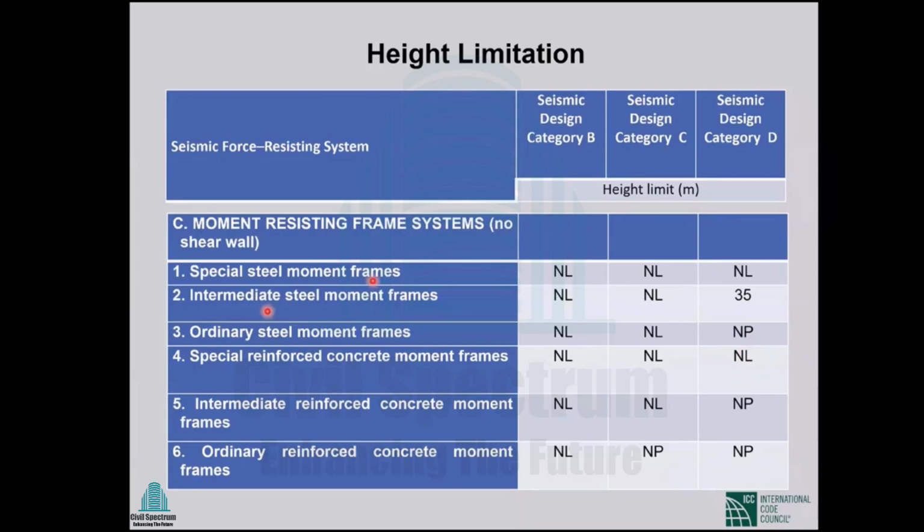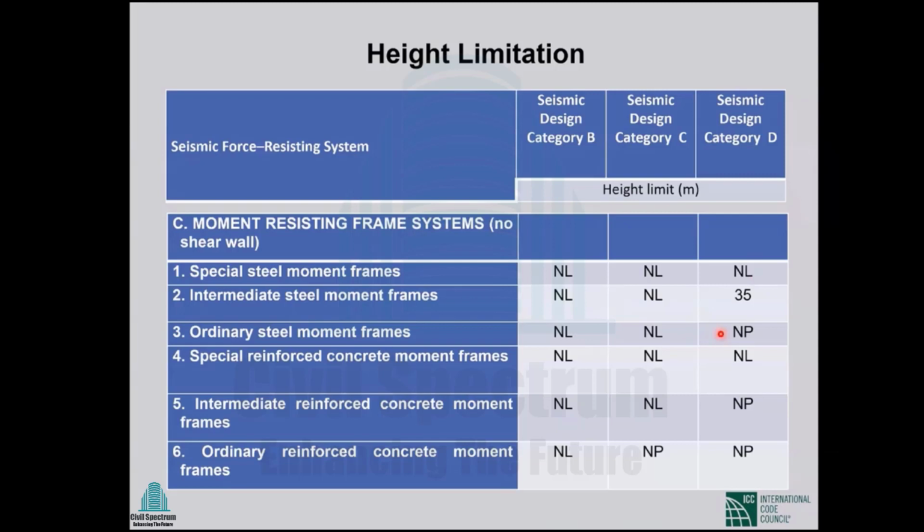In case of steel, ordinary is not permitted. Intermediate, you can use intermediate steel moment frames, but there is a height limit of 35 meters. Okay, and for special moment frames, there is no limit.